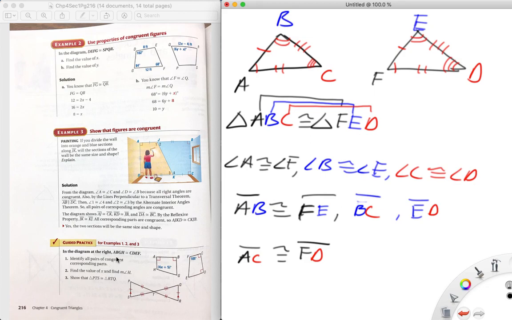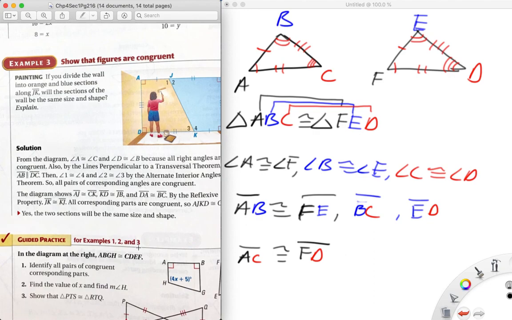Here it says that quadrilateral ABGH is congruent to CDEF. Again, when they label this, that means that A corresponds to C, B corresponds to D, G corresponds to E, and H corresponds to F in terms of their angles.